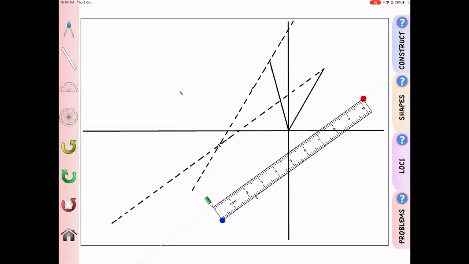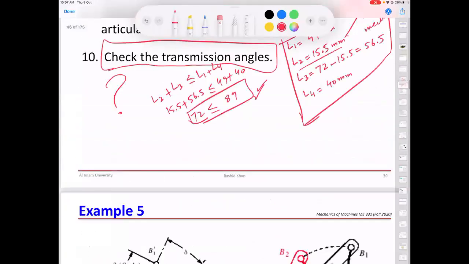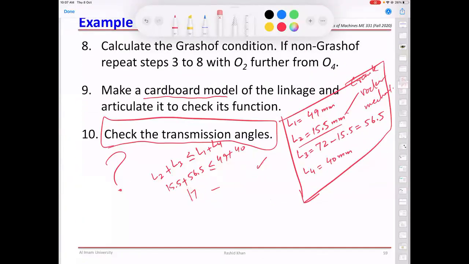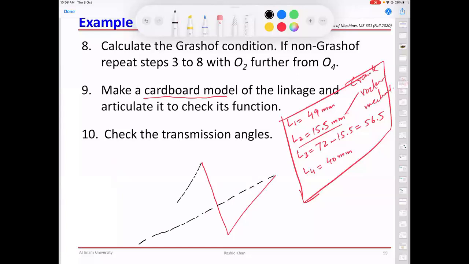Let me just try to draw this diagram quickly because we have less time. Here we have the initial position of the rocker, and here we have the final position of the rocker, for example. And these are two construction lines.